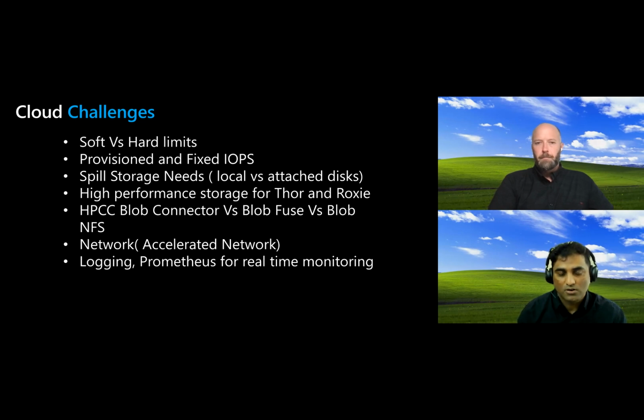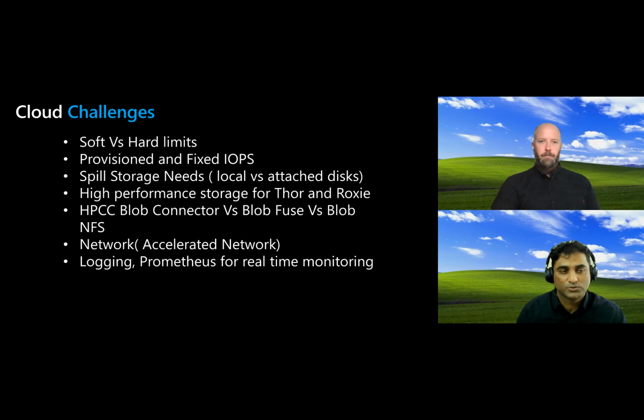Compare that with Roxie. Roxie is a query engine, so it needs something which is super fast from an IOPS perspective. So we need something like HPC Cache to run Roxie queries, for example. HPC Cache is a high performance storage service on Azure, which supports millions of IOPS, and you can have thousands of nodes attached to it, querying or fetching data from that service.